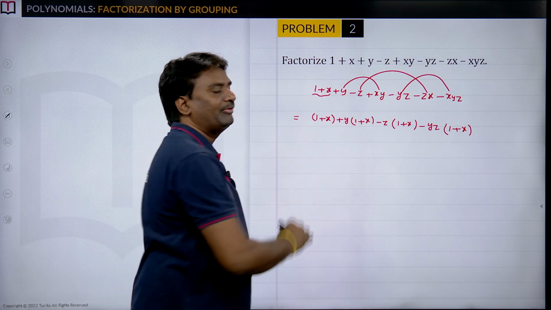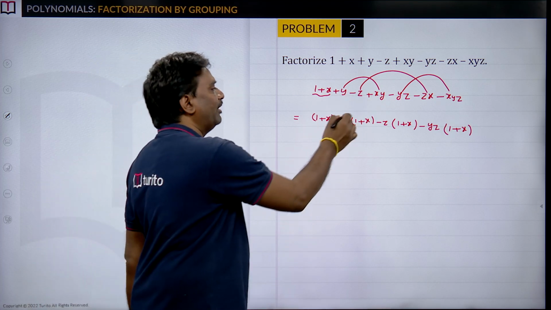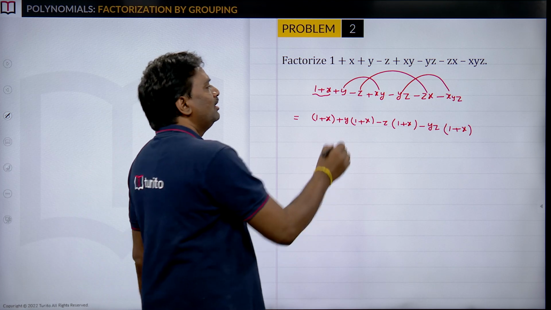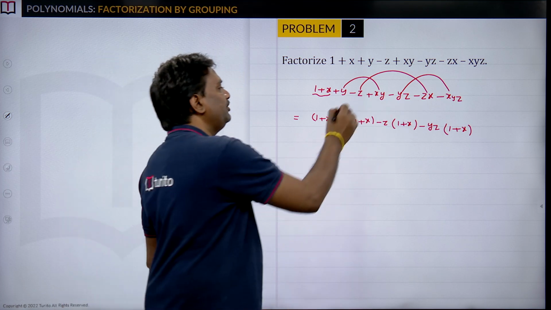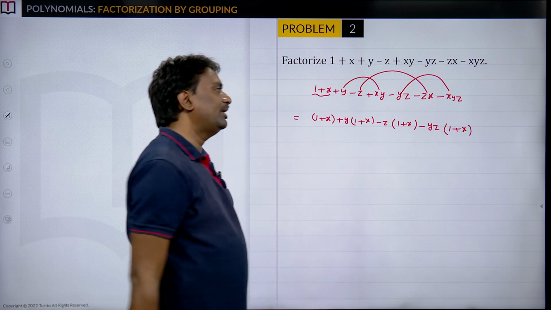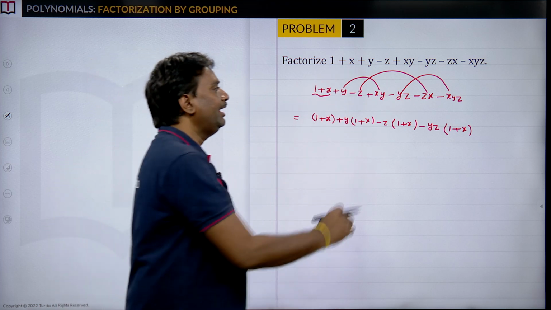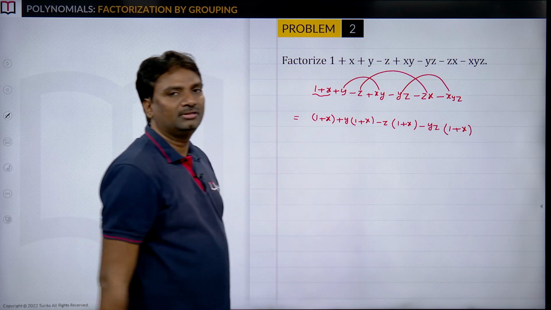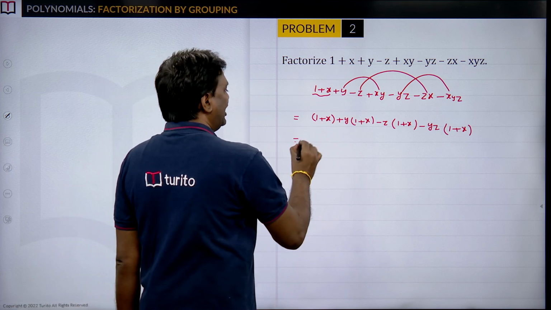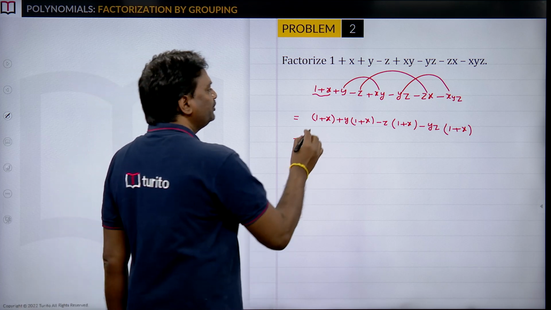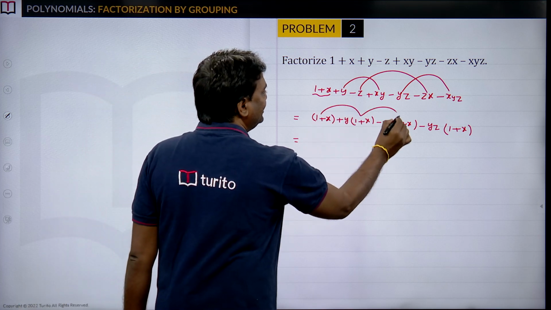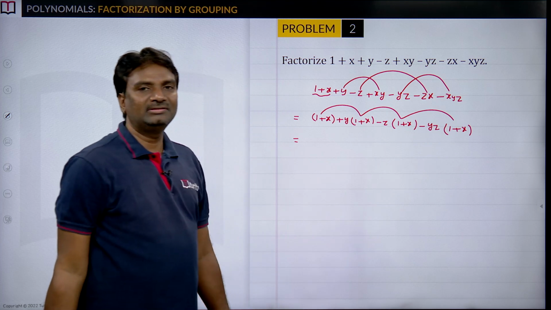From y and xy I have taken y as common, so y of 1 plus x, that is the second group. From minus z and minus zx, take minus z as common, we got 1 plus x. From minus yz minus xyz, by taking minus yz as common, you will get 1 plus x. By observing, 1, 2, 3, 4 groups are there. For all these 4 groups, clearly 1 plus x is the common term.